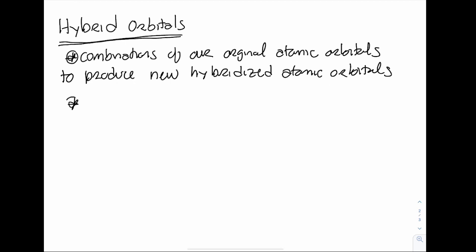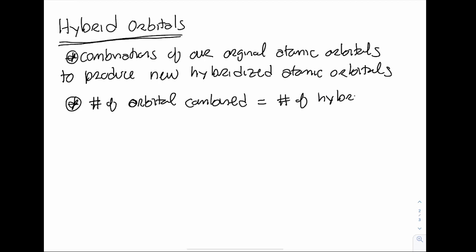When we combine them, we do want to remember that the number of original orbitals that we combine is going to be equal to the number of hybrid orbitals I produce. So if I'm going to combine 2, I'm going to get 2 out. If I'm going to combine 4, I'm going to get 4 out. So the number of orbitals combined is going to be equal to the number of hybrid orbitals produced.